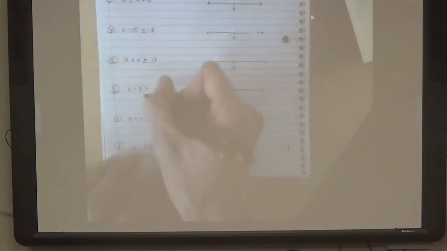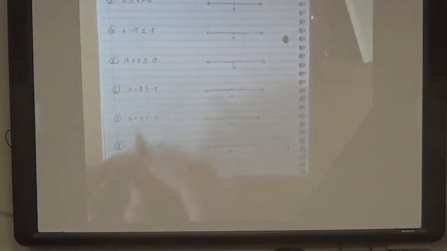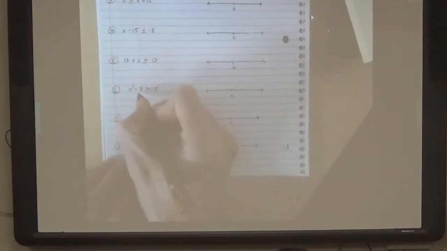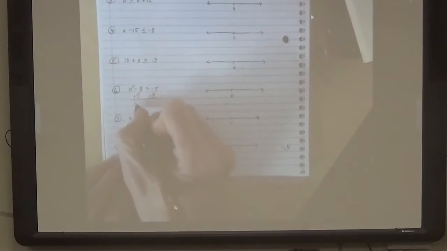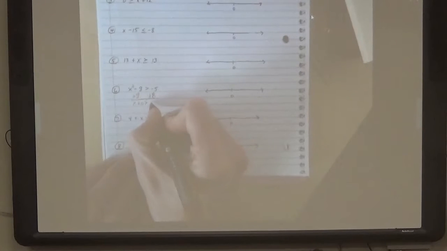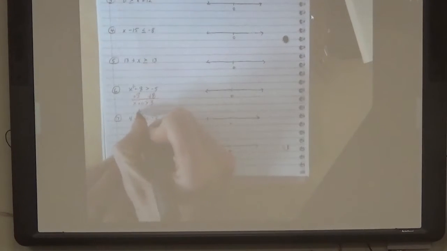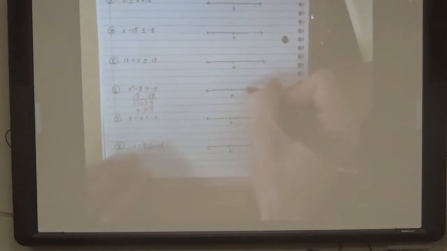If we were to check one like number 6, look down at number 6. We would add 8 to both sides. So x plus 0 is greater than 3. Therefore, x has to be greater than 3. So use an open dot, arrow to the right.